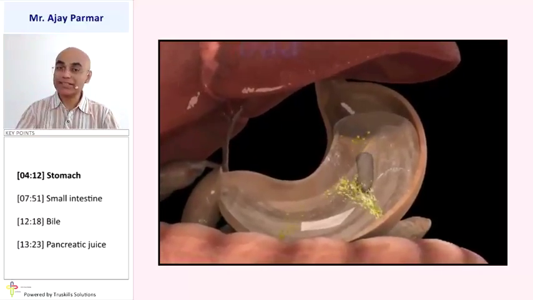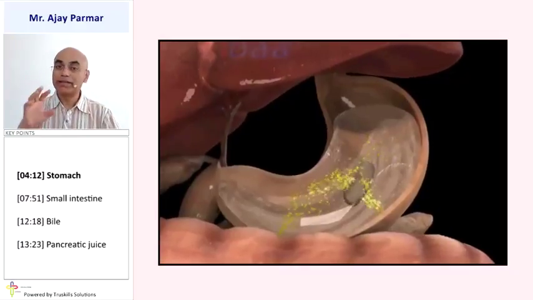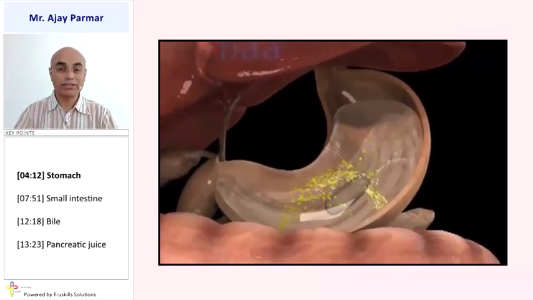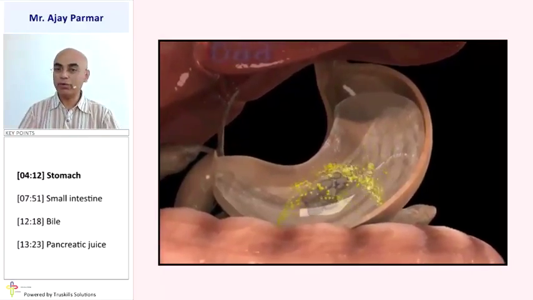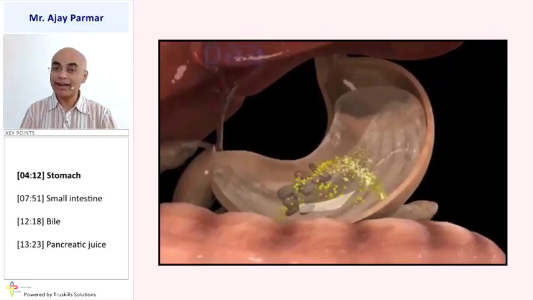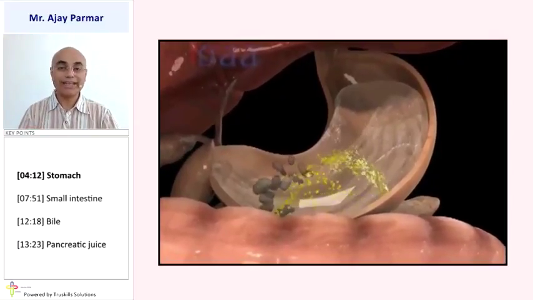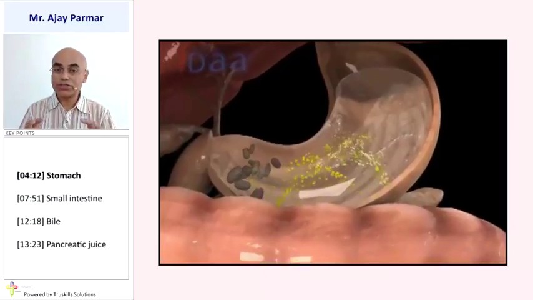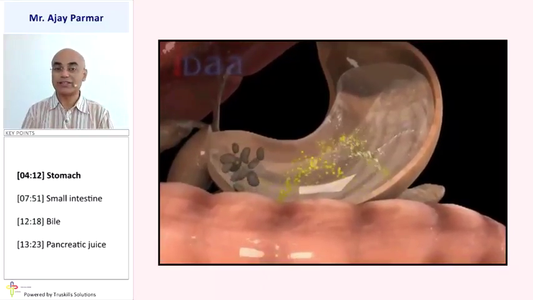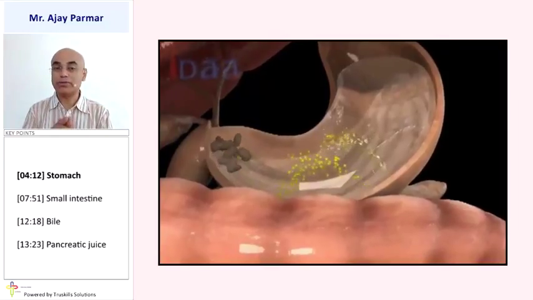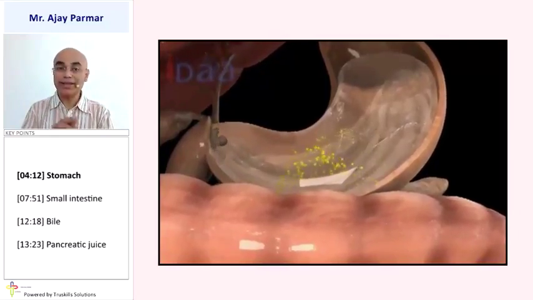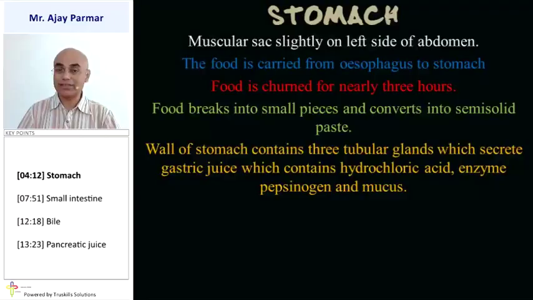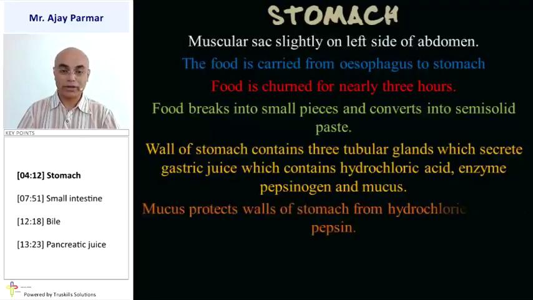Pepsinogen, which gets converted into pepsin, is necessary for the digestion of protein. And mucus prevents the inner lining of the stomach from the acidic effect of the hydrochloric acid. So such gastric juices are secreted inside the stomach, which is responsible for causing the beginning and also the continuation of the digestion inside the stomach.